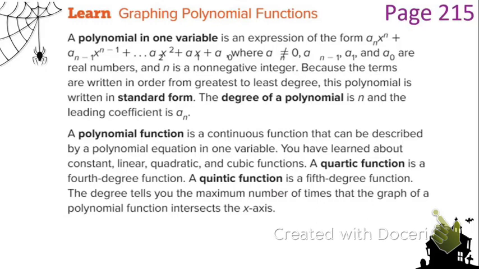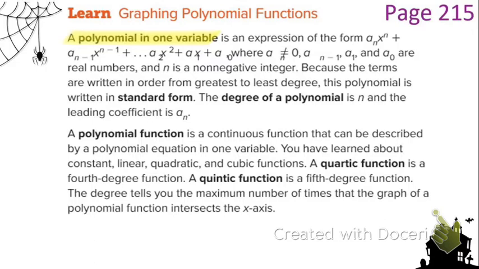Okay, so we have some definitions on page 215. A polynomial in one variable. A couple of things we need to keep in mind in order to determine if it's a polynomial: you cannot have negative exponents.